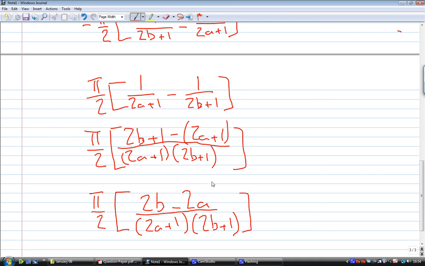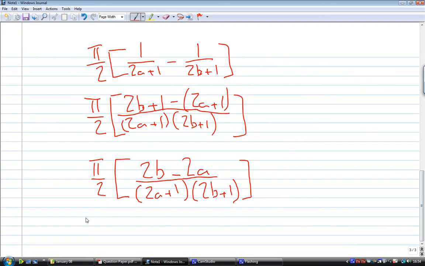Okay, so now we can cancel the 2's, can't we? Let's put the pi inside, so we're going to wind up cancelling those two 2's with that 2 there, and that gives the final line of pi, b minus a, all over 2a plus 1, brackets 2b plus 1.